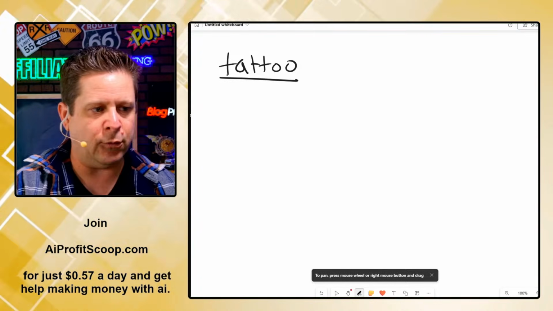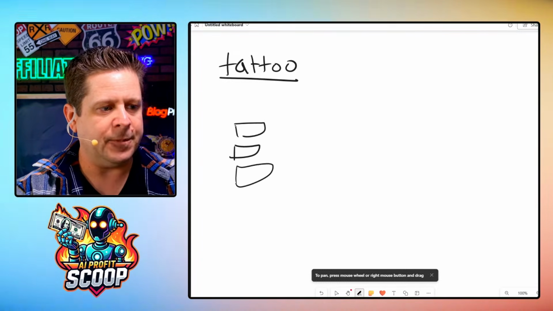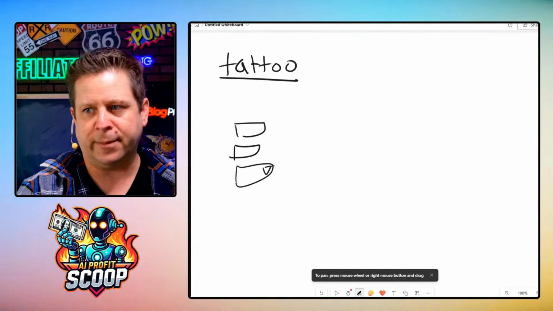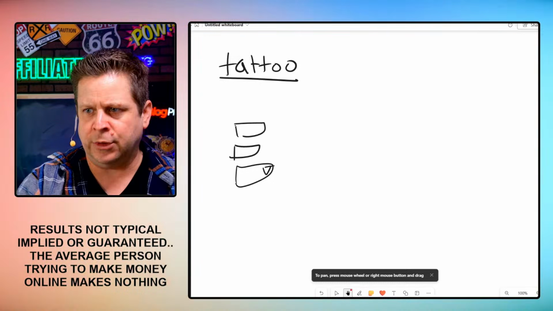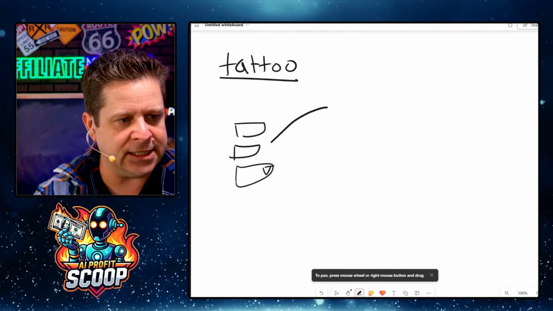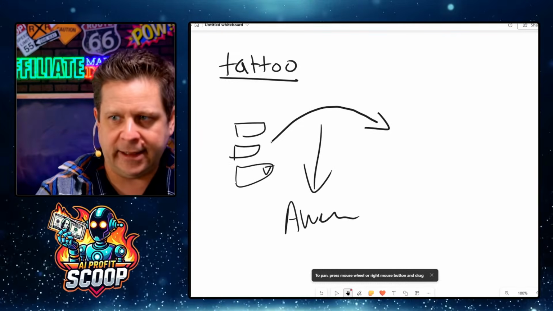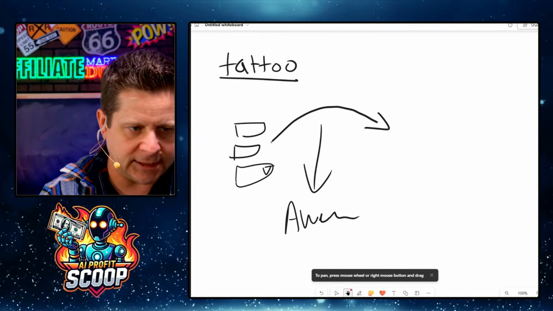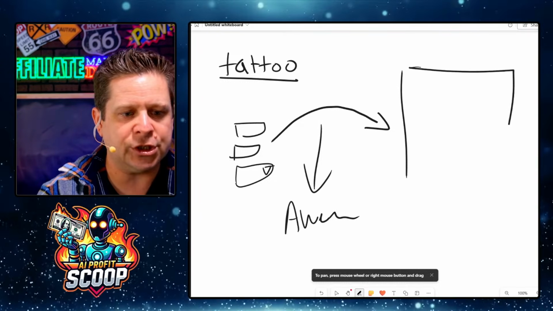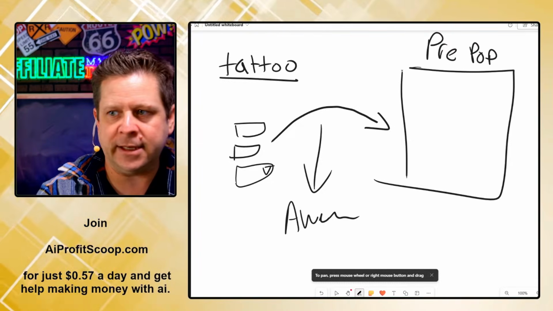With the tattoo site, what I did is I would have them put their name and email in, and maybe there'd be a drop down of like, do you want a butterfly tattoo, a motorcycle tattoo, whatever, okay? This data would go to my AWeber, so I'd build a mailing list of all the people who wanted the designs. Then on the next page, I was able to pre-populate certain things.